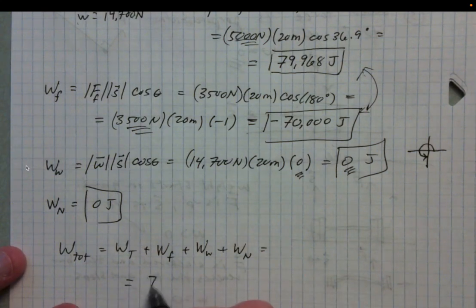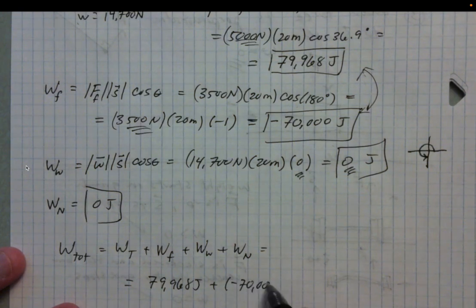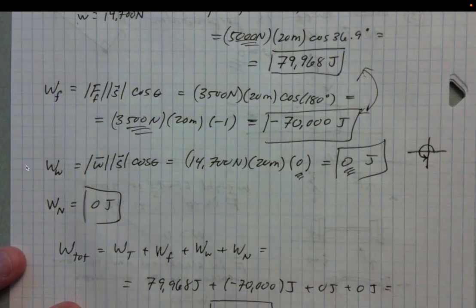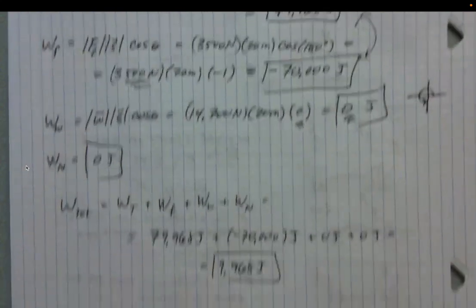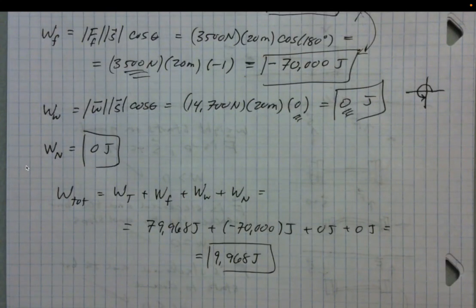And in this case, that's 79,968 joules plus negative 70,000 joules plus 0 joules plus 0 joules. And so I get 9,968 joules of work. Okay. So that is the total work done on the trailer by all of the forces involved.